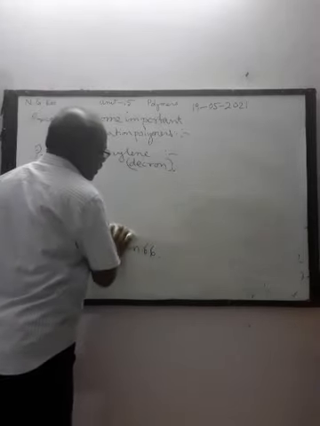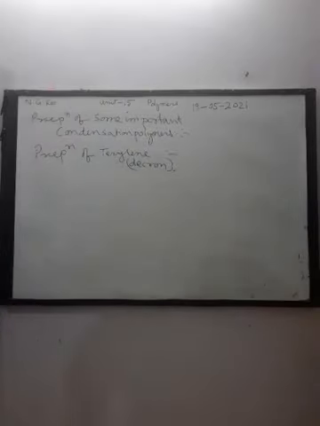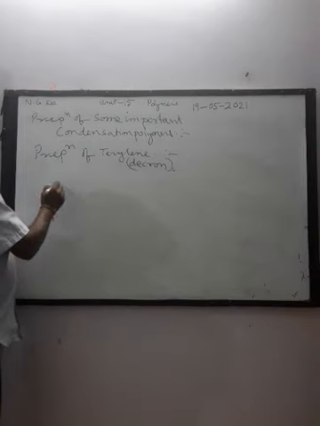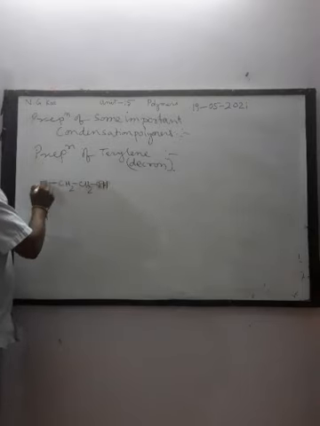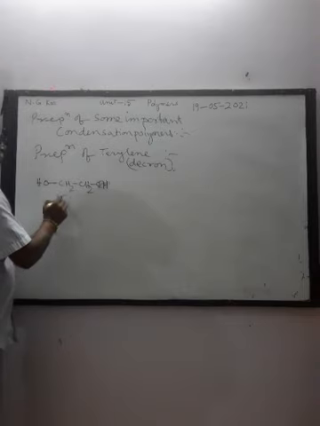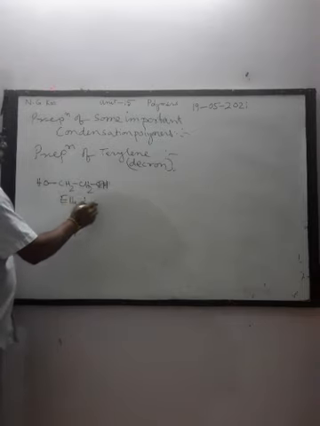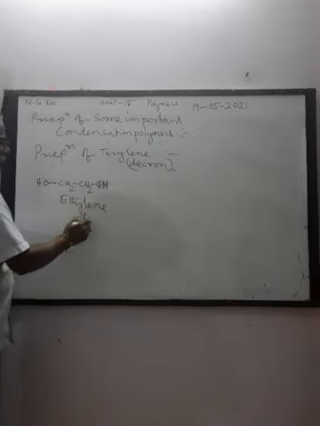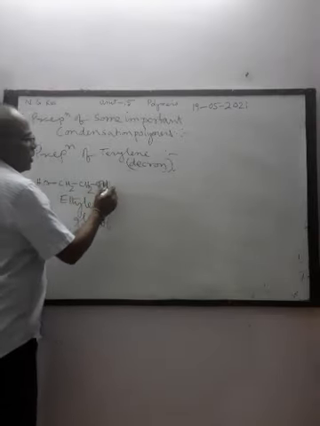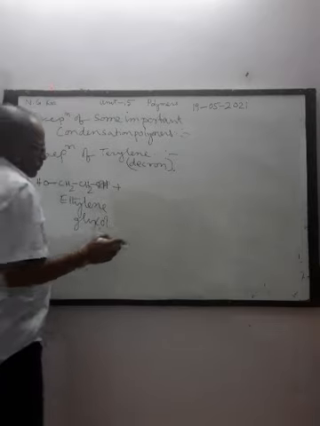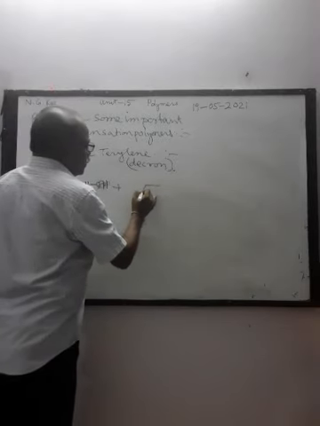It is also an example of a condensation polymer. So in this case, two monomers are required. One is ethylene glycol. This compound is called ethylene glycol, and it also contains bifunctional groups. And the second one is terephthalic acid.